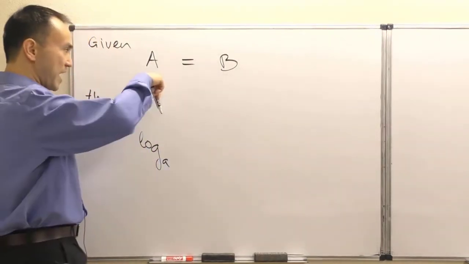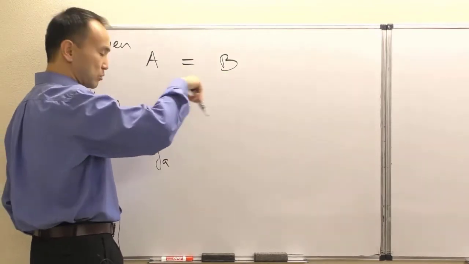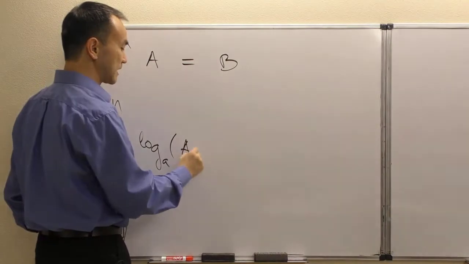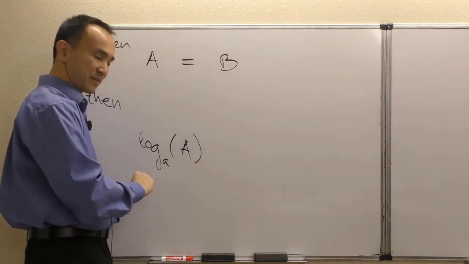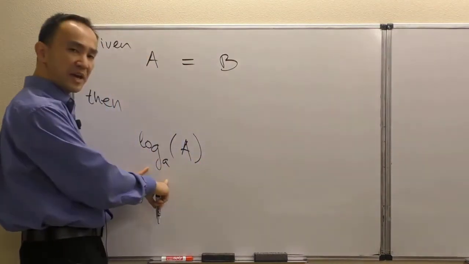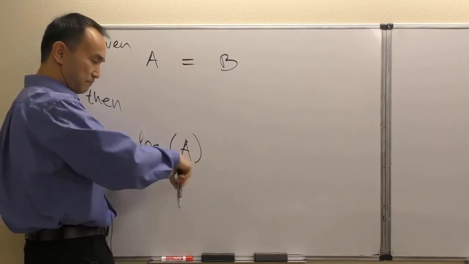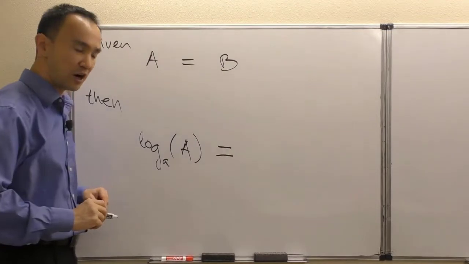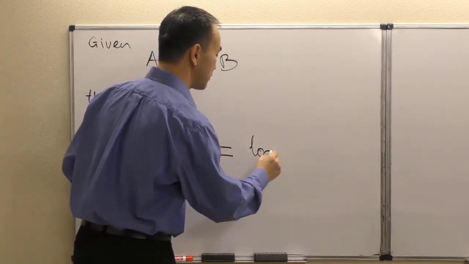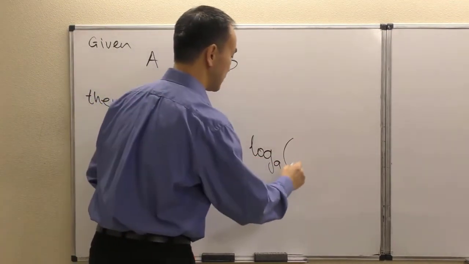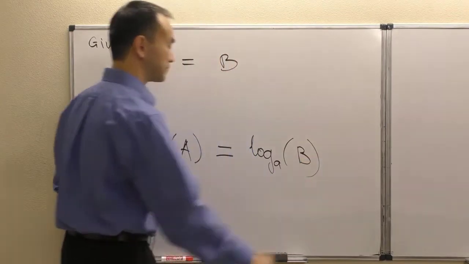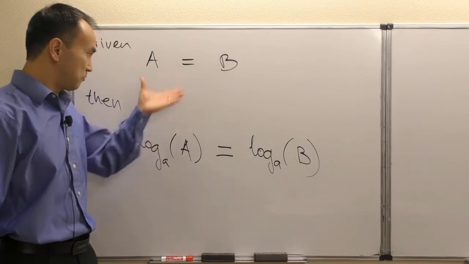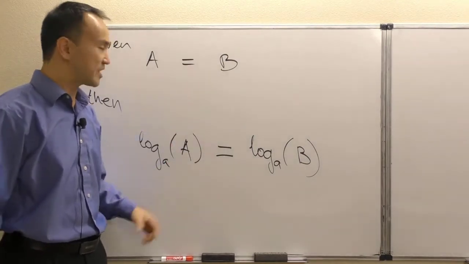If A equals B, if these two expressions are equal, then taking the logarithm of the expression on the left-hand side, in respect to some base, say log base a of A, will also equal taking the logarithm of the same base of the expression on the right-hand side.